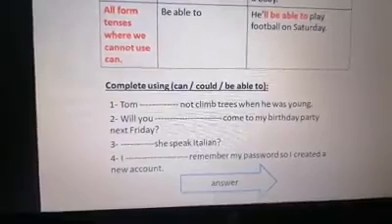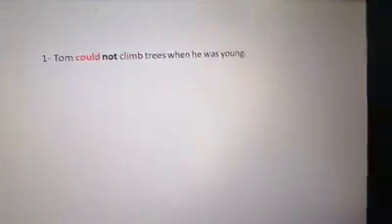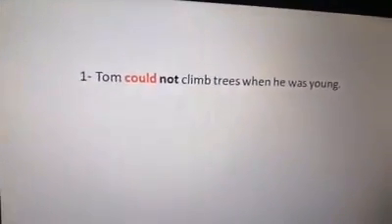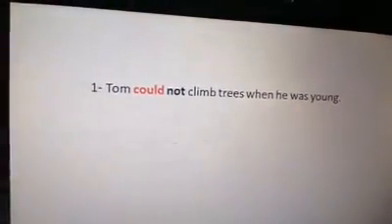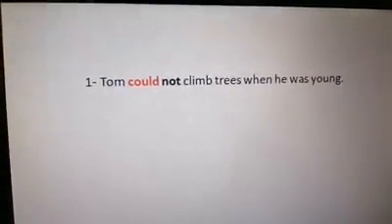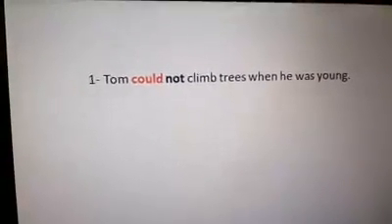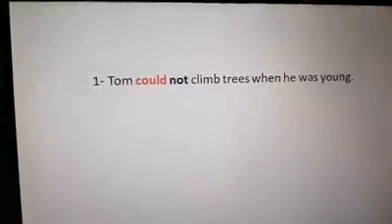Of course, here you have to use can, could, or be able to. Let's see. Number 1: Tom could not climb trees when he was young. So I use could because I'm talking about something I was able to do in the past.